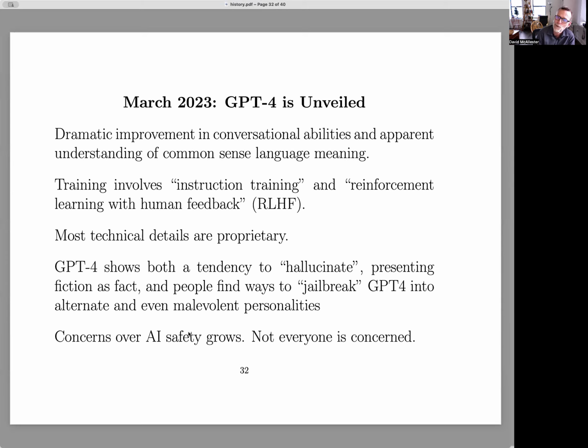Not everyone is convinced that we're on the verge of AGI, but certainly people are thinking about it and talking about how to make the machines friendly as opposed to taking over the world. So people are talking about AI safety.